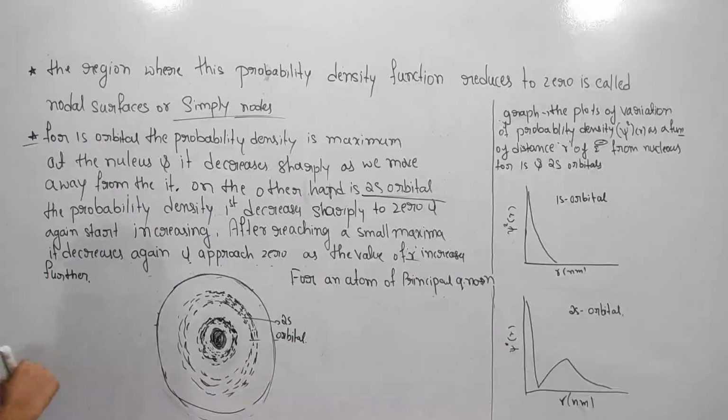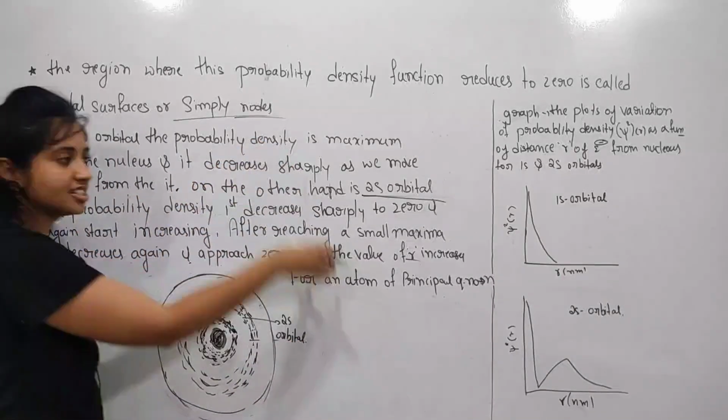What happens in a 2s orbital? The probability density first decreases sharply to 0.